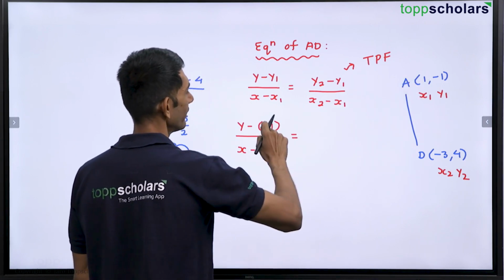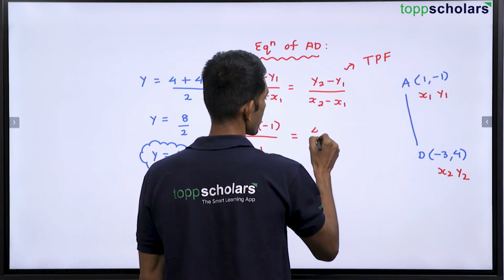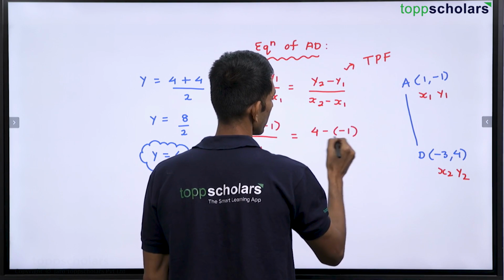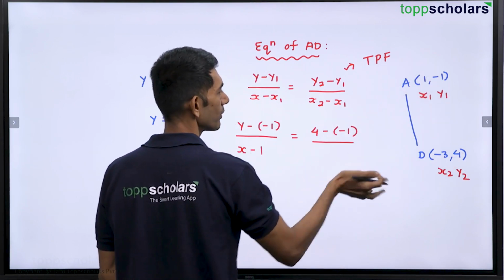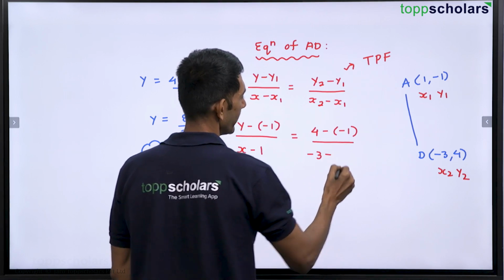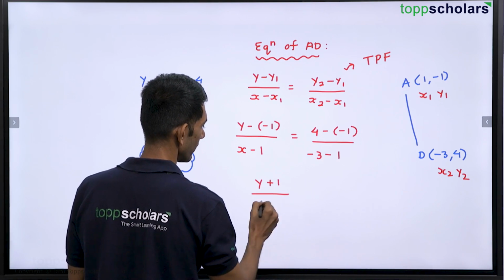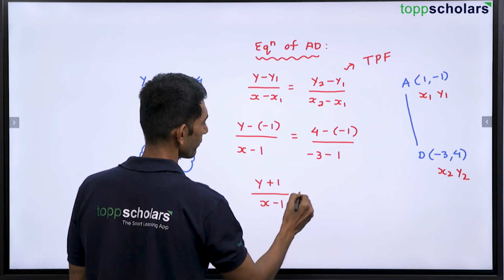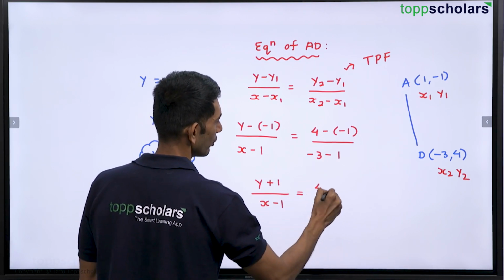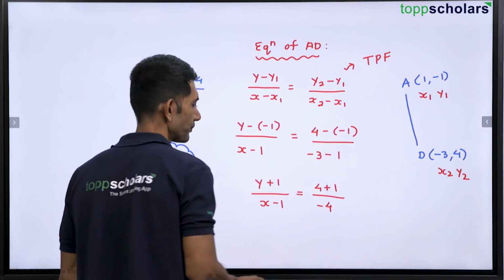So y minus y1 by x minus x1 is equal to y2 minus y1, that is 4 minus minus 1 by x2 minus x1. So this becomes y plus 1 by x minus 1 is equal to 4 plus 1 by minus 4.